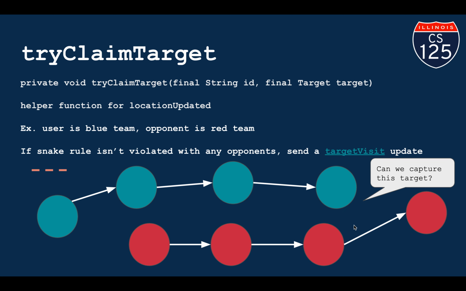But say we can capture this target. We've checked the snake rule with ourselves and with every other team, and we're able to capture this target. In that case, we want to send a target visit update. This means creating a JSON object and sending it back.